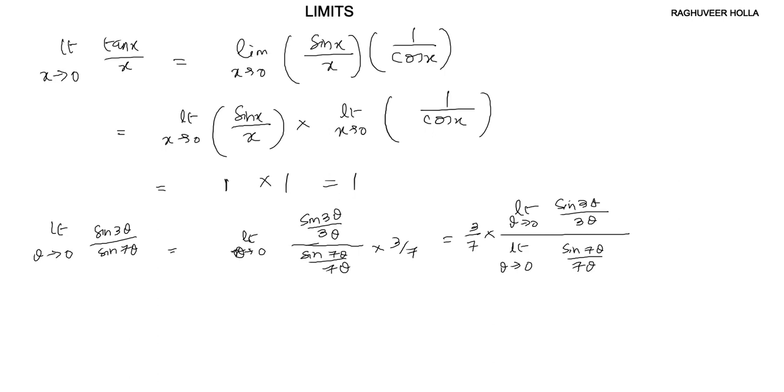So this is 3/7 multiplied by 1/1, which is 3/7, so this is the final answer.